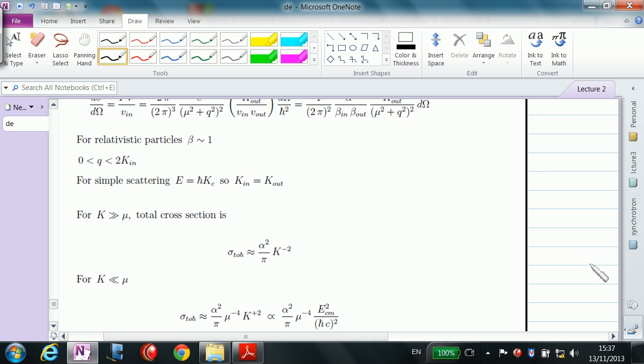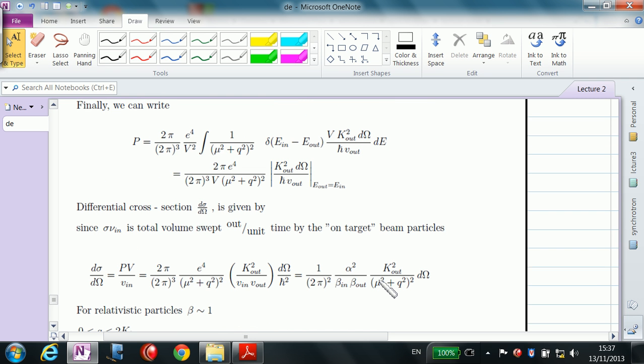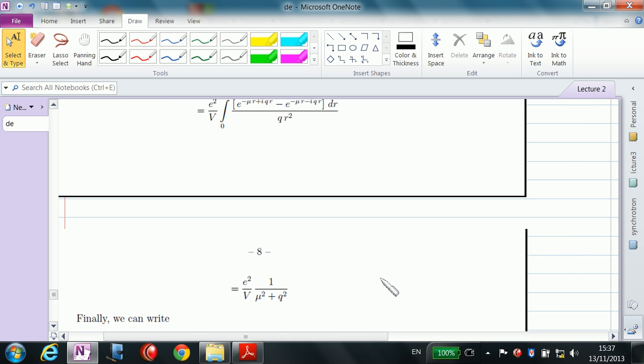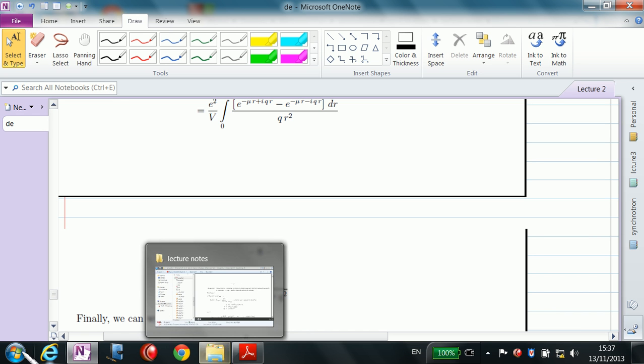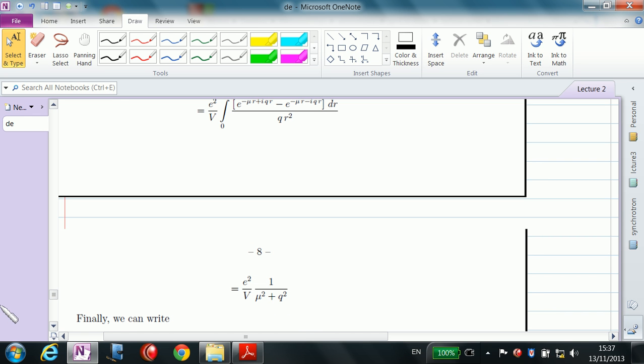By the way, all these k's are wave vectors, and they should be small, but I'm not going to worry about that now. So, if you want to calculate something like scattering of relativistic particles and particle decay, that's actually an emission process, like when pions decay.